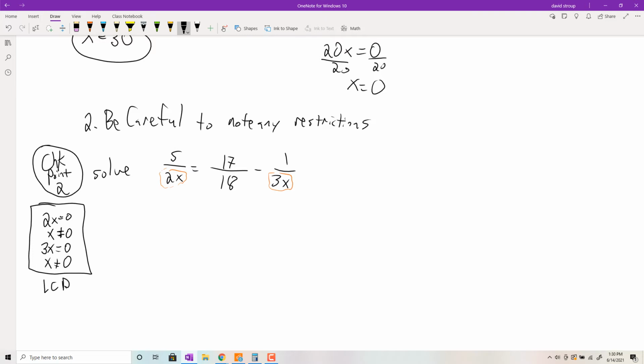The smallest number that's divisible by the denominators. So I need something, 18, so you're thinking 18, and then you need an x as well. Okay, so 18x. And if you don't see that, again, it's the least common denominator. 18 is 2 times 3 times 3.